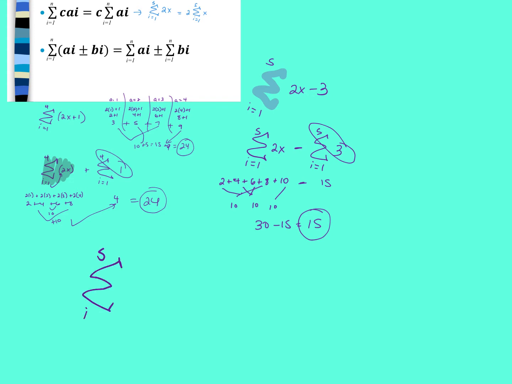So if it's 5 and it's 1 down here, then my n, or number of terms, is 5. But if that changes, let's say it's sigma with the 5 at the top and i equals 2, then we can count how many there are from 2 to 3 to 4 to 5. Or you do top minus bottom plus 1. So it'd be 5 minus 2, which is 3, plus 1, which is 4.